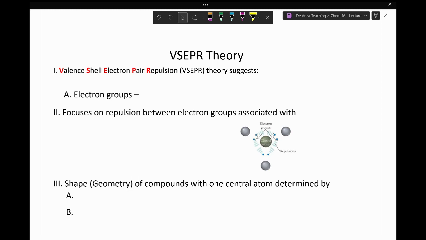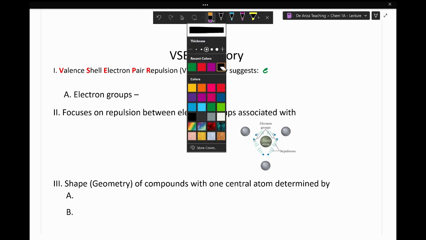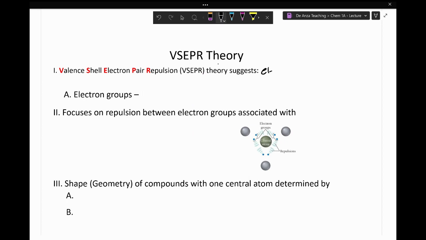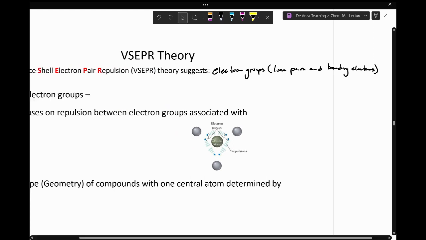And so, what this theory suggests is that electron groups repel each other. When I say electron groups, what I mean is lone pairs, so the electrons that are owned by one atom, and bonding electrons, or electrons in bonds.